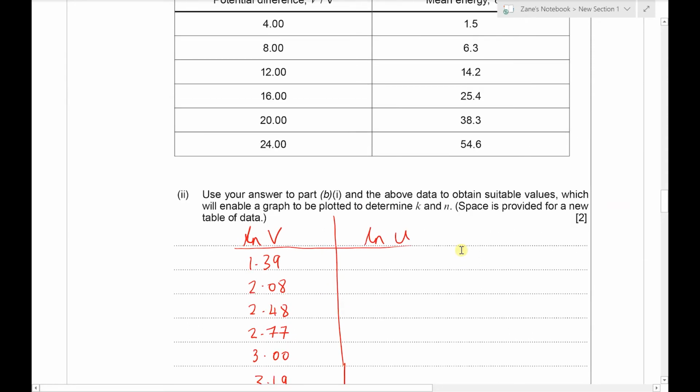Similarly, I've done the log U values. I'm going to put all of these to 2 decimal places as well. We need to be consistent with decimal places. We don't mix them, or that will cost us a mark. And make sure, of course, that you write down things like 3 as 3.00 and 4 as 4.00.